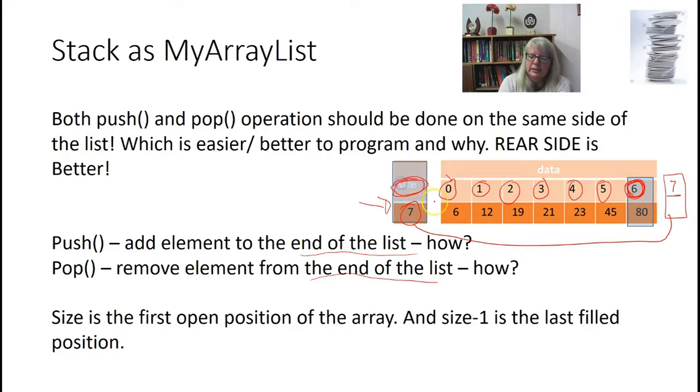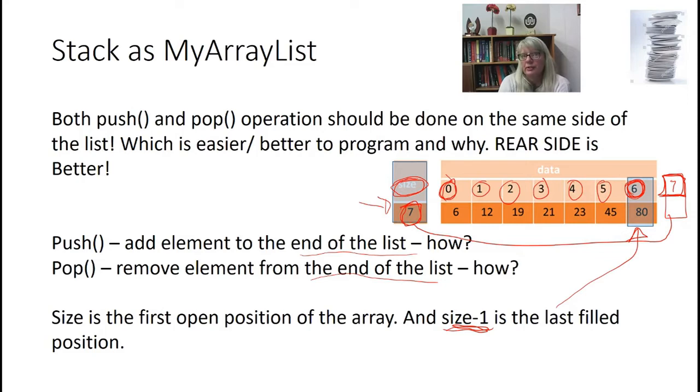Size tells us there are 7, but since it is numbered from 0 to 6, the 7 itself you can view as the index of the first open position. Do you agree? The value of size is the index of the first open position. And size minus 1: size is 7, minus 1 is 6, gives you the last filled position.